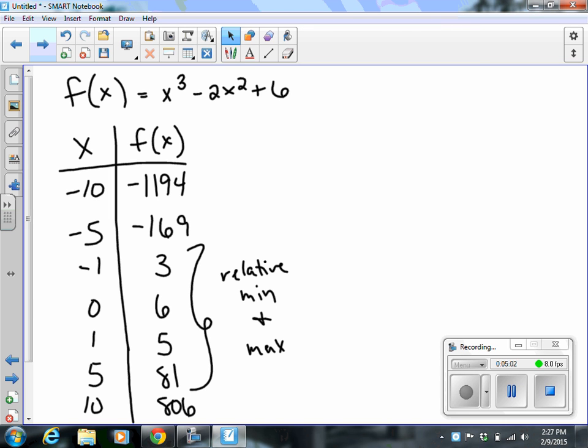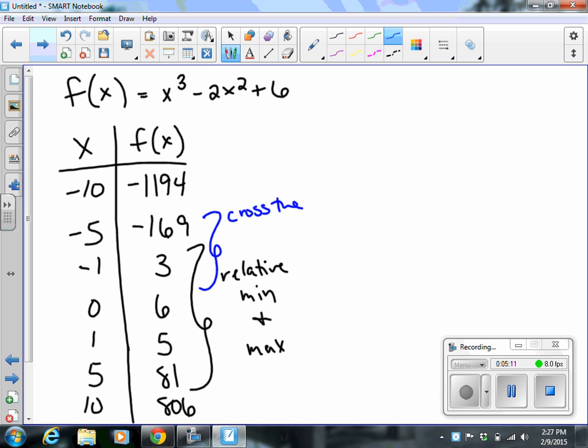I also know between -5 and 1 that my graph is going to cross the x-axis. Okay, so I know something's going on between -5 and 5.